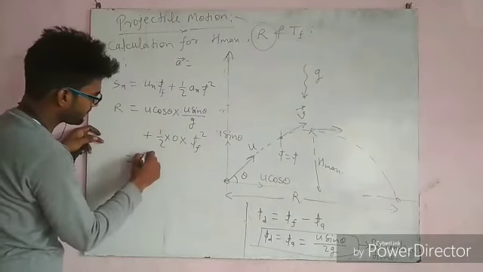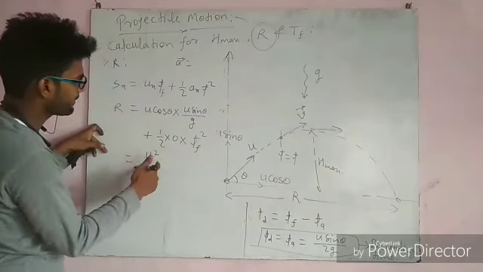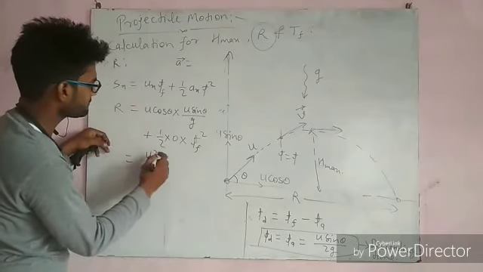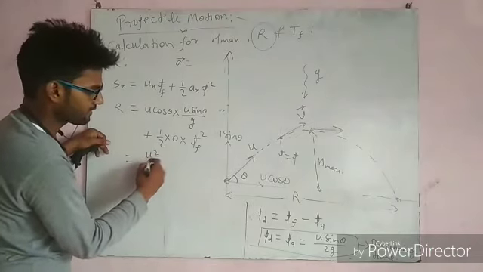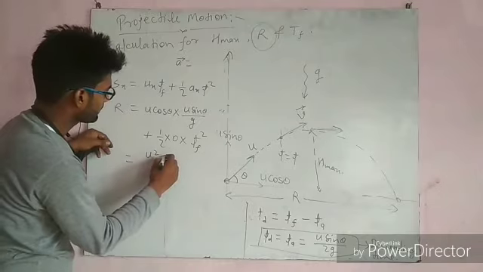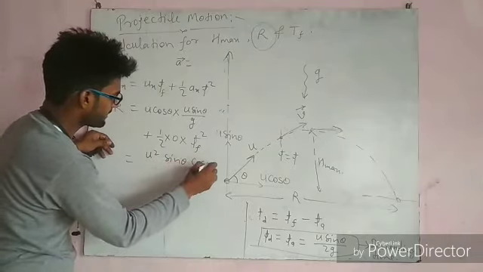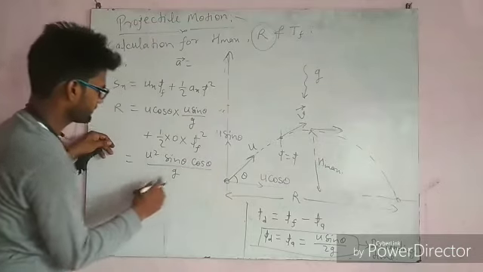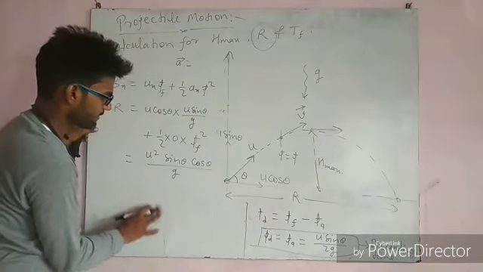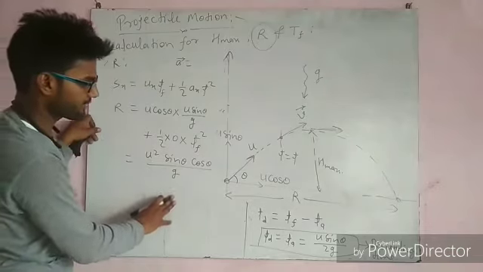So from here you get u square, 2 u square sin theta into cos theta divided by g.